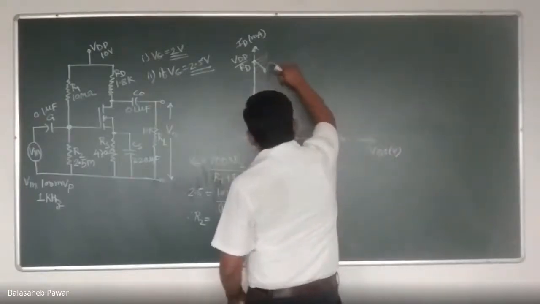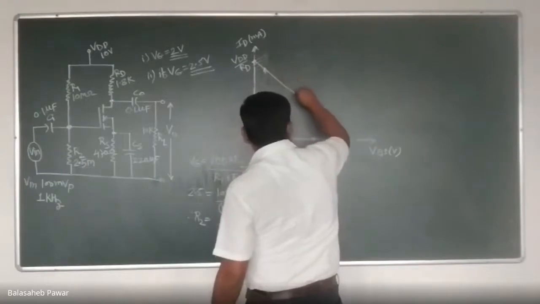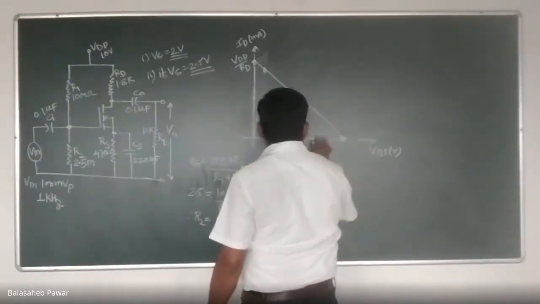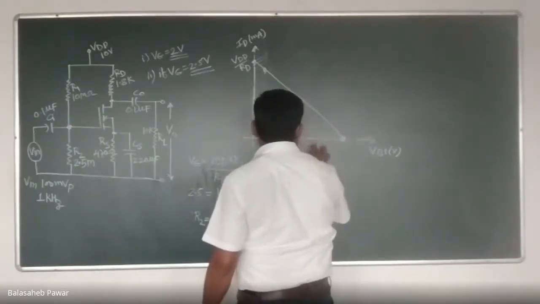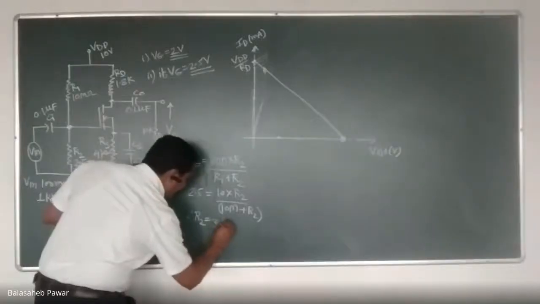Okay. Now find the value of R2 so that Vg, instead of 2 volts, will be 2.5. So how much is it? 3.3. 3.3 mega, right?